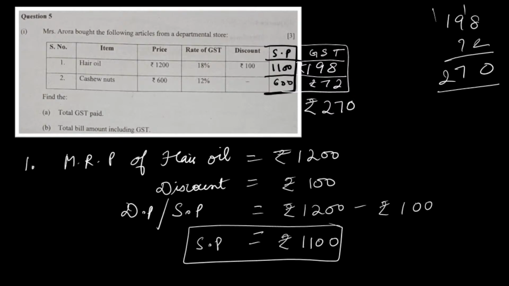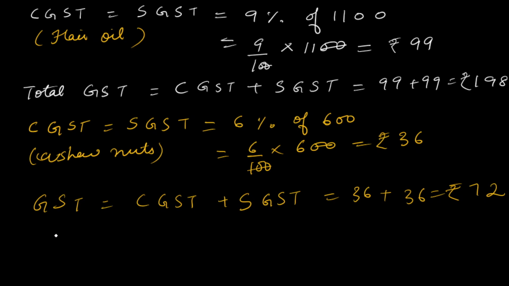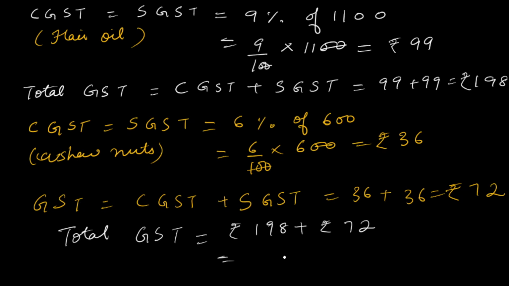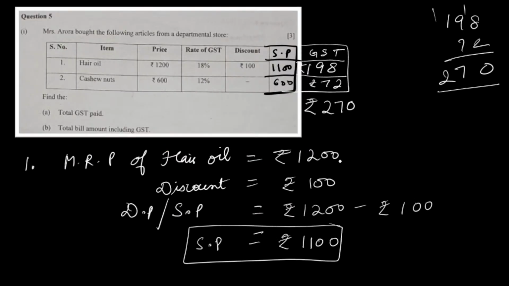In this table only you can write. Separately also you can write for both, total GST 198 plus 72, which is equal to 270. But make sure you're writing in this table also.